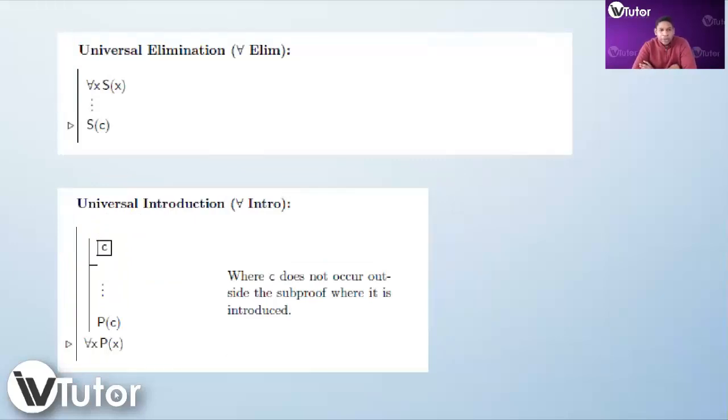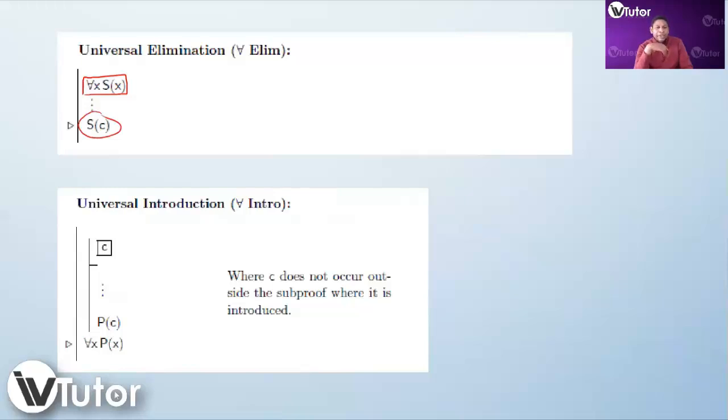So for a universal quantifier, we observe the fact that if we are saying something is true for all elements in the domain, it means that we can pick any arbitrary element, and it has to be true.